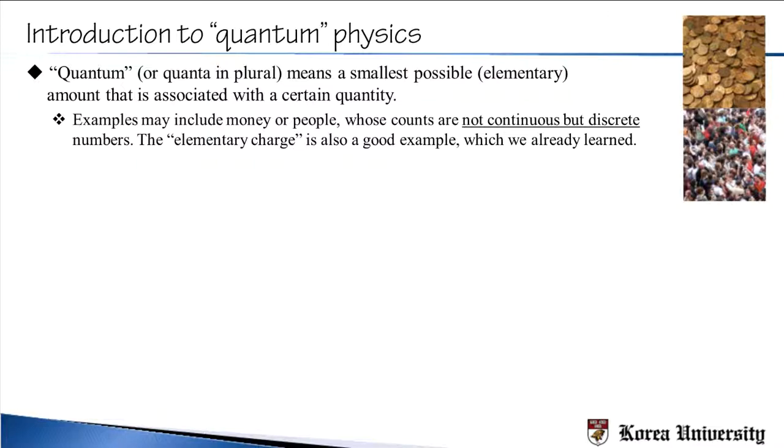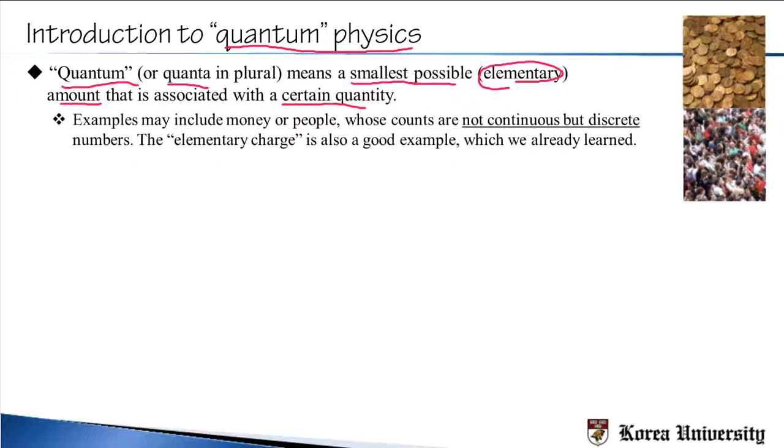Now, what is quantum physics? In order to understand what quantum physics is, we first need to understand the word quantum, or quanta in plural. This word quantum means the smallest possible amount that is associated with a certain quantity, which we can also call an elementary quantity.